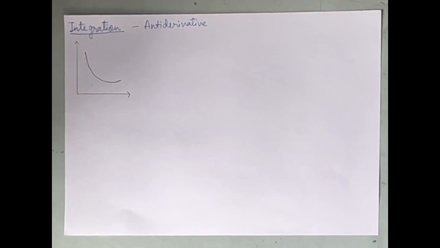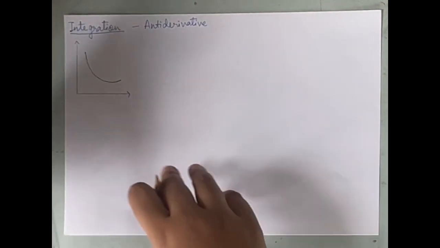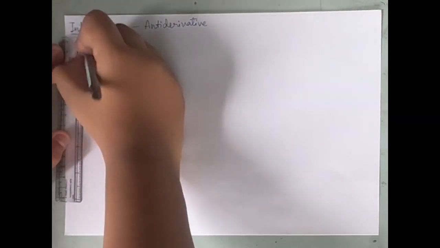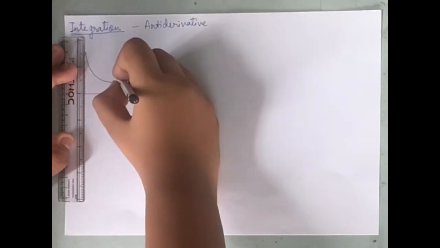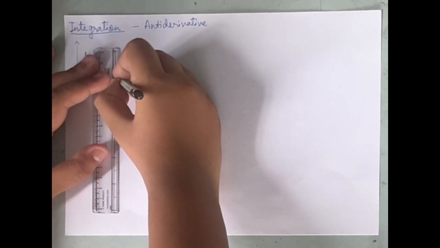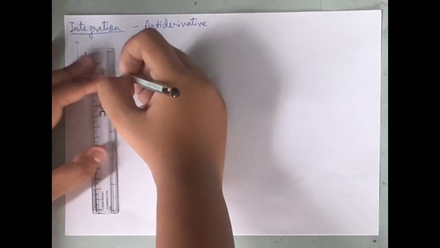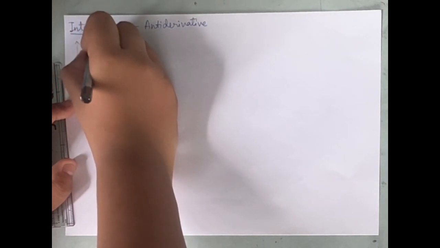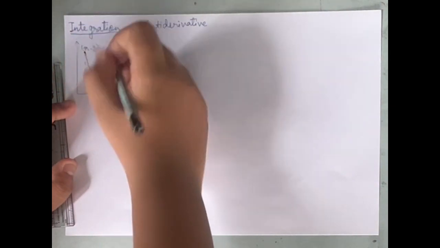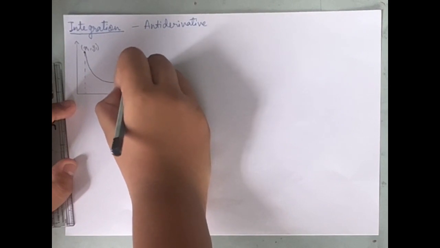Let's assume that we are finding the area of this curve from this point to this point. Okay, this is x1 comma y1 and this is x2 comma y2.